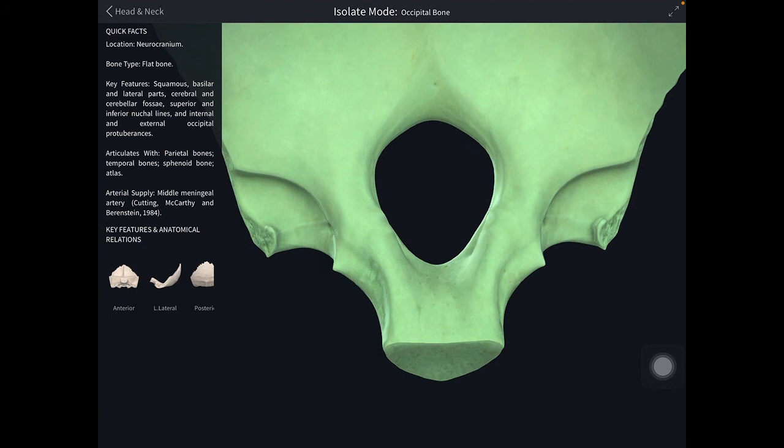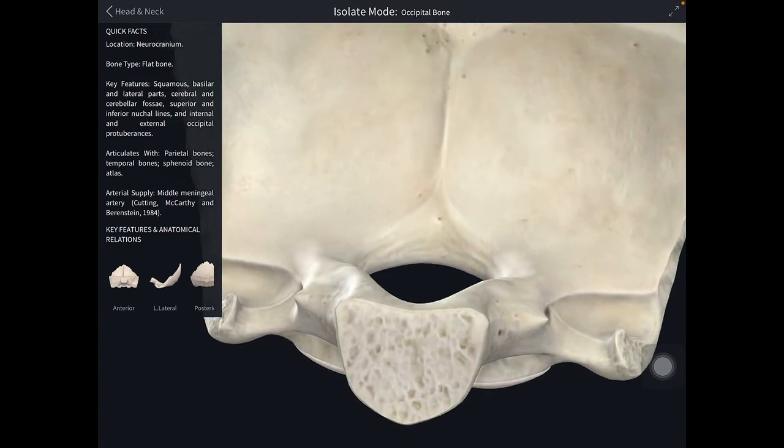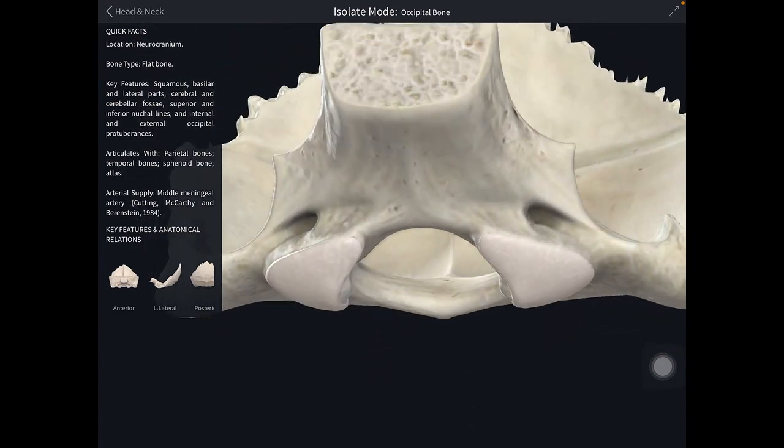Close to the anterior margin of foramen magnum, the superior surface gives attachment to the membrana tectoria, upper band of cruciate ligament and apical ligament. So we have completed the three surfaces of the basilar part of occipital bone: this is the anterior surface, this is the superior surface, and this is the inferior surface.